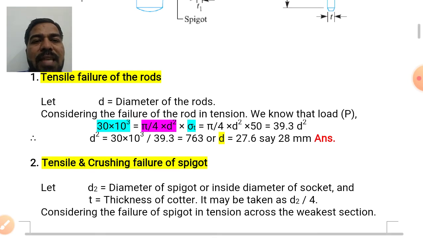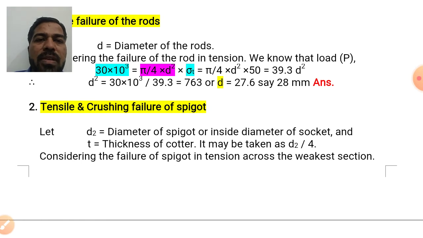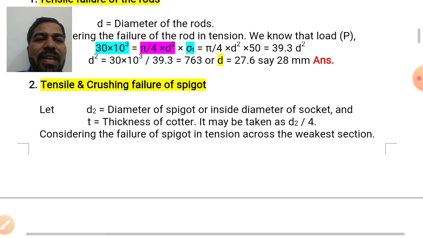Now, tensile and crushing failure of the spigot. Let us assume d2 is the diameter of the spigot or inside diameter of the socket, and t is the thickness of the cotter. It may be taken as d2 by 4. Consider the failure of the spigot in tension across the weakest section.